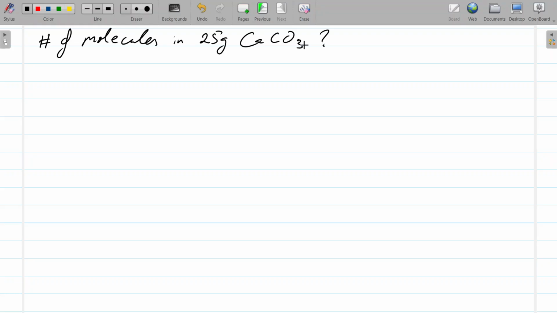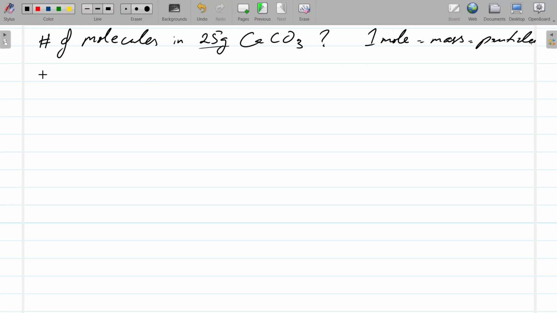I'm not going into it right now, but this is the kind of stuff that we can do. We can find the number of molecules in a particular mass of a substance, knowing how much one mole is in mass and how many particles there are, and obviously that's the Avogadro number.